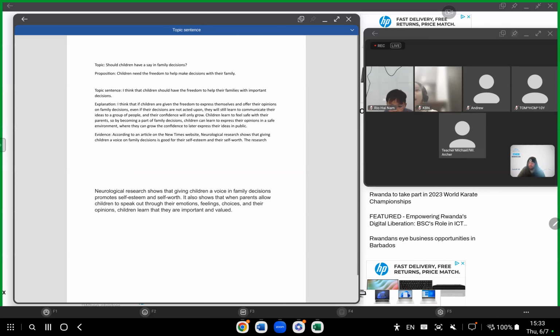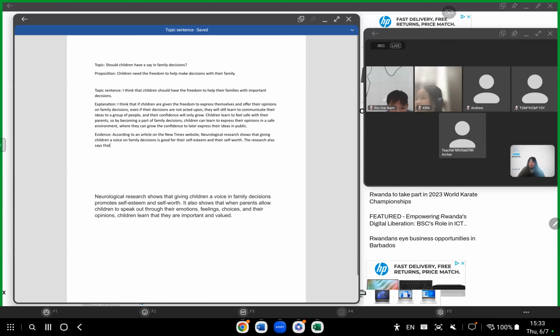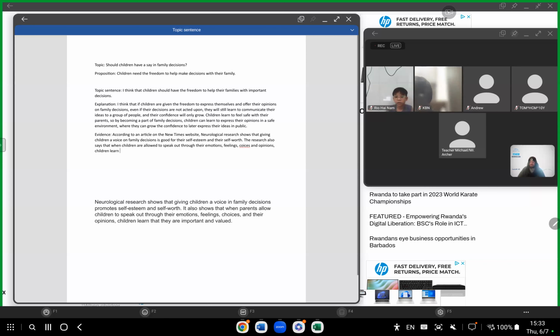The research also says that when children are allowed to speak out their emotions, feelings, choices, and opinions, children learn that they are valuable members of the family and that they are important.